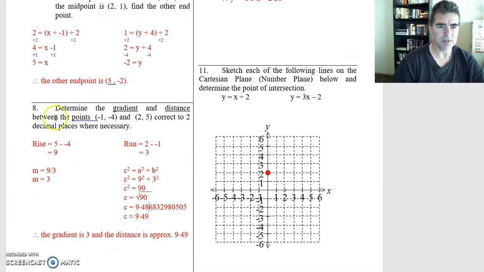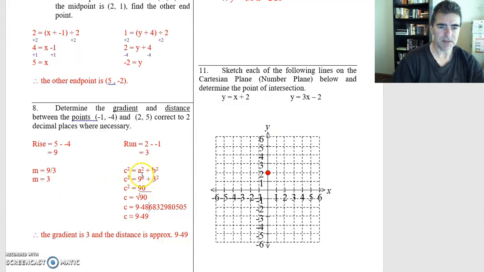Being careful with question 8 because it asks us two things: to find the gradient and the distance. So I need to know my rise between the 2 points. The rise is my y values, 5 take away -4, and that gives me a rise of 9. And a run of 2 take away -1, a run of 3. So my gradient is rise over run, and that simplifies down to 3.